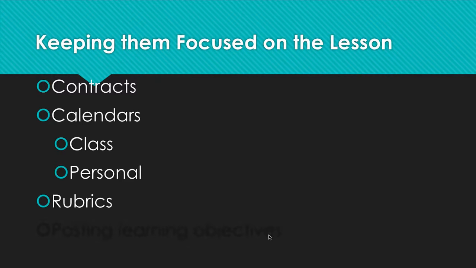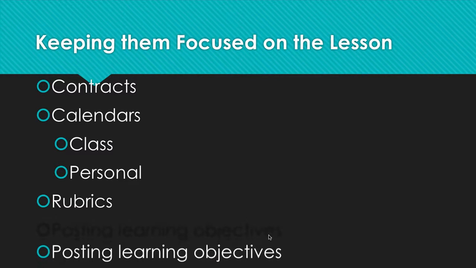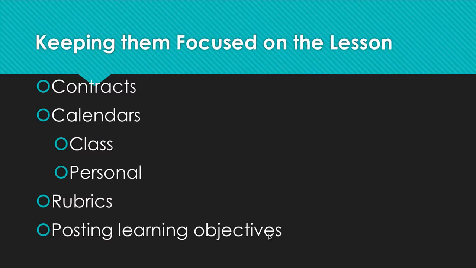And then on your school website, and anything that you give to students, whether it be a rubric or a syllabus or whatever, you are posting these learning objectives. So what is the essential question that you want students to be learning? What is it that you want them to accomplish by the end?